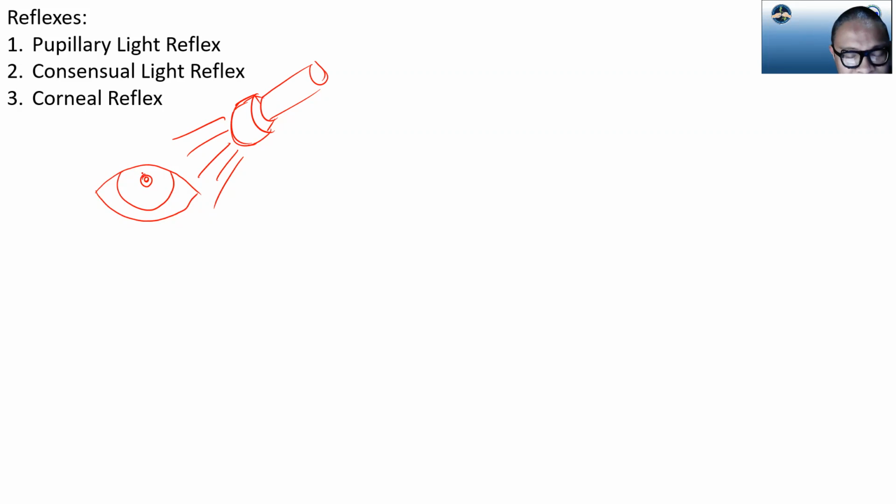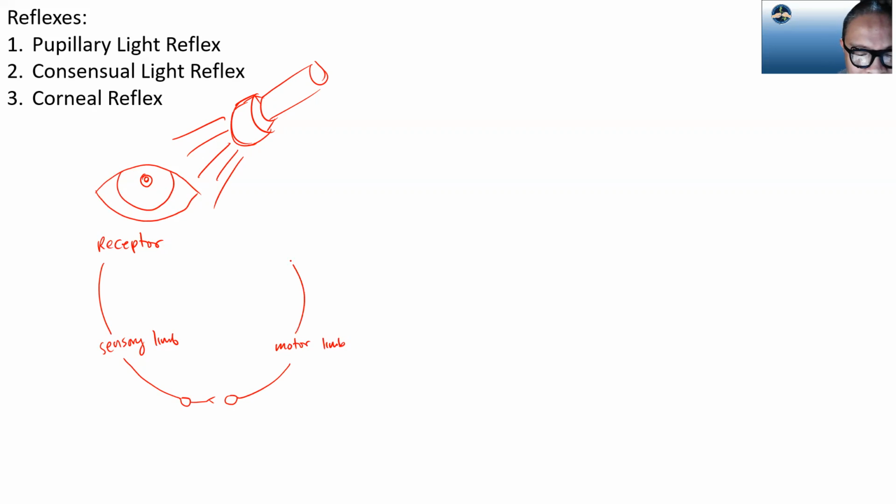Now, as we've said before, your reflex arc needs a receptor, needs a sensory limb that includes your nerve and your sensory neuron, and then it synapses with your motor neuron, and that's your motor limb or efferent limb, and then you have your effector organ.